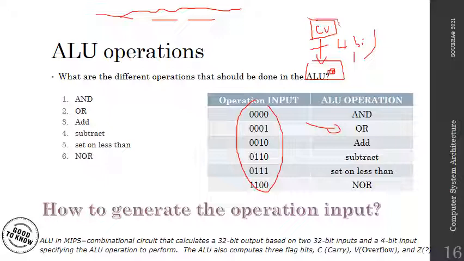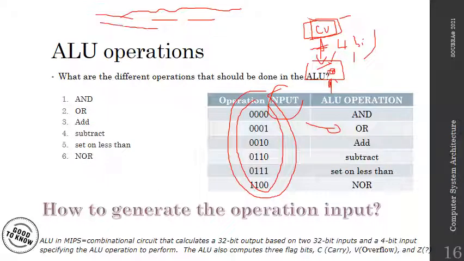So I need the control unit for the ALU that will output the operation type of the ALU. This would be the output of the control unit, which is the input of the actual ALU. And then, using the instruction types, I will have an input for my control unit. Now I'm going to find out how many bits and what are the things that I need to cover here. Let's do that.